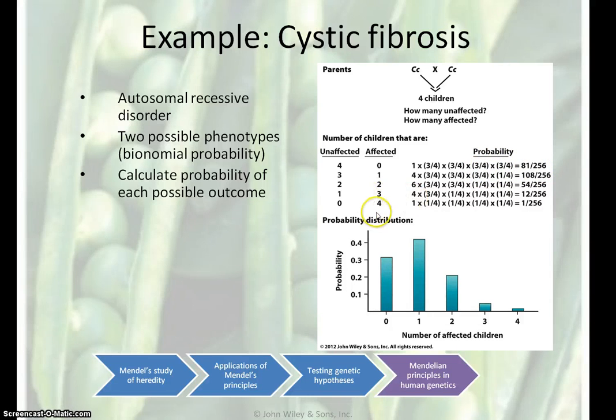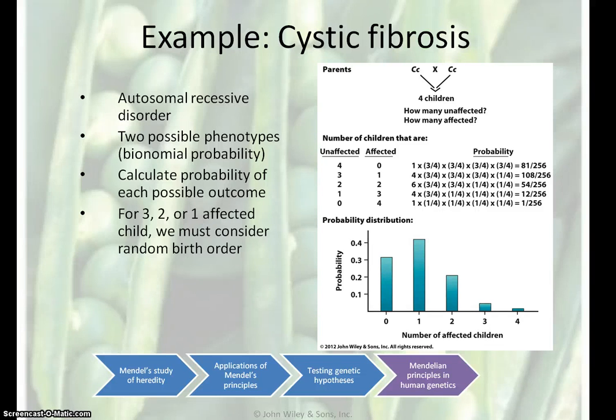The probability that they will all be affected, again remembering Mendel's monohybrid crosses, the probability of the homozygous recessive condition is 1/4. So again, our multiplicative rule, 1/4 times 1/4 times 1/4 times 1/4. There's a 1 in 256 chance that all of the children are going to be affected. All right, that's the easy thing.